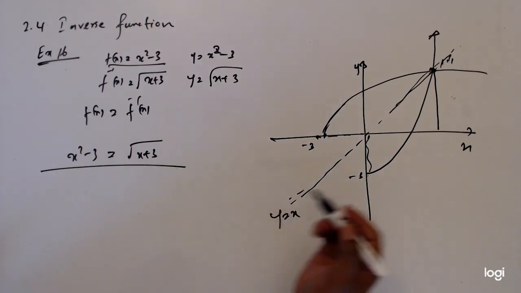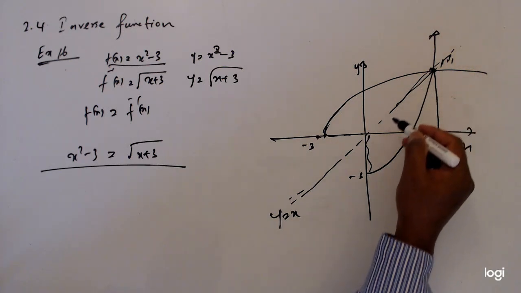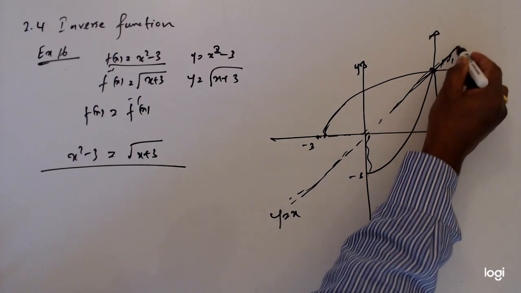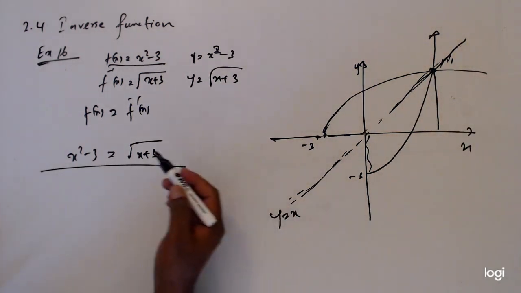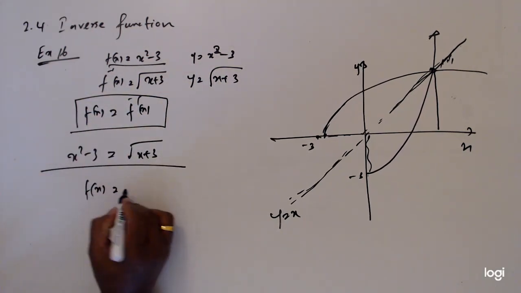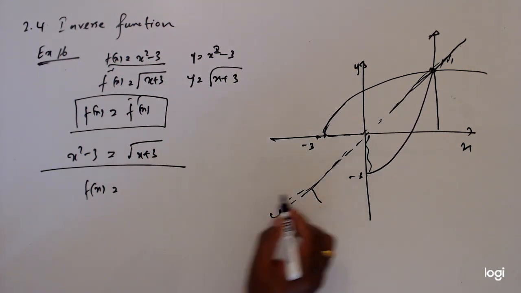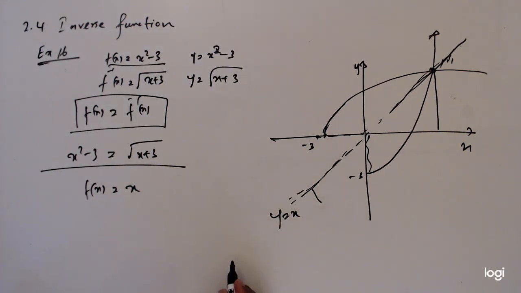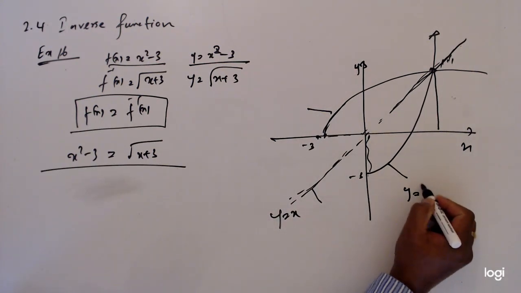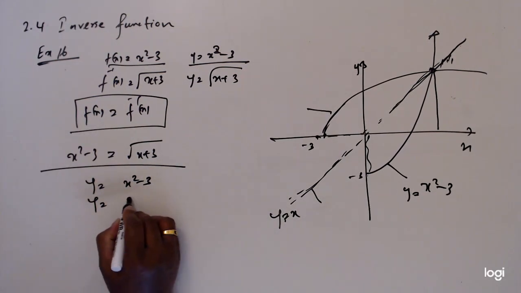Rather than that, we can see that the y equal x line is also going through this intersection point. So instead of finding the x value that way, we can solve f(x) equal x, or in terms of y we have y equal x square minus 3 and y equal x.